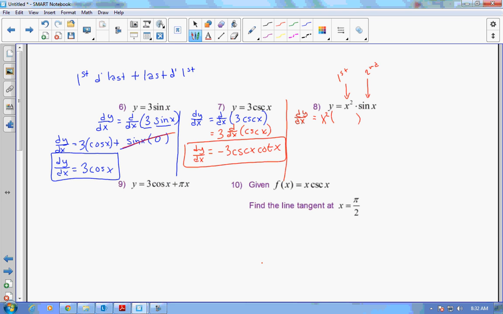First and last, derivative of the sine is cosine. Plus or minus, guys? Which one is it? Plus. Last d first, derivative of the first, 2x. Now we don't usually put a 2x after sine. Those things generally go in front of sine. So I would say x squared cosine x plus 2x sine x.